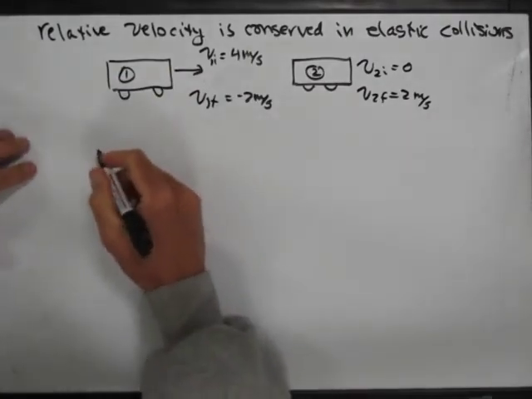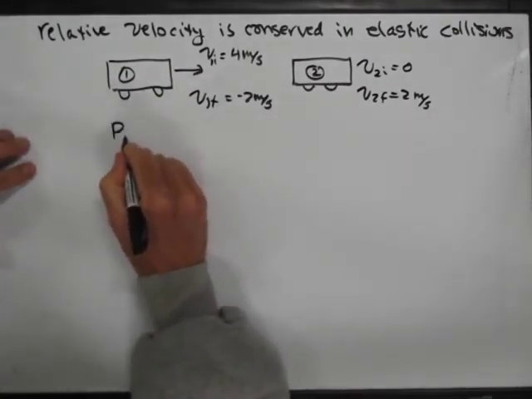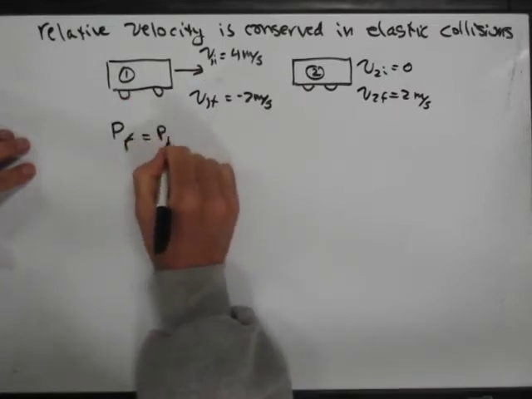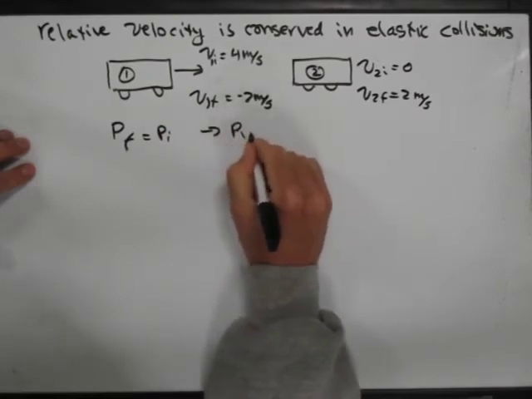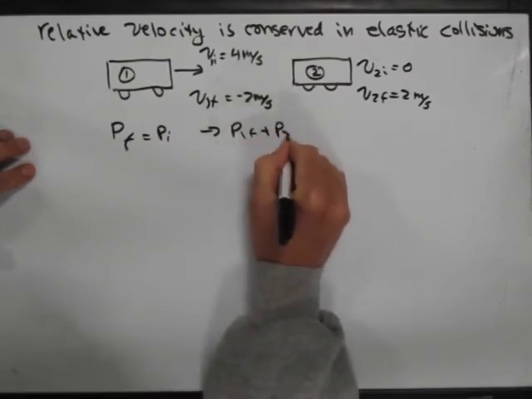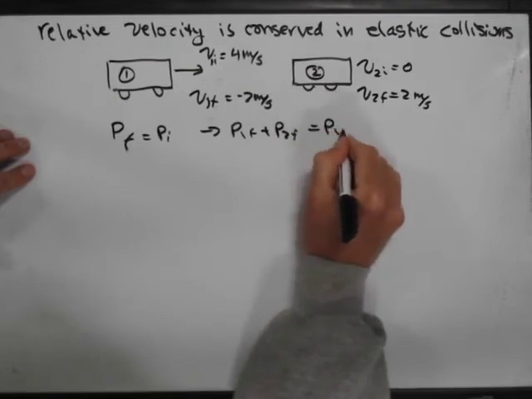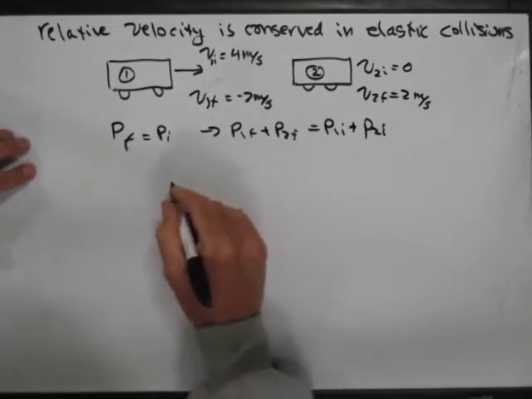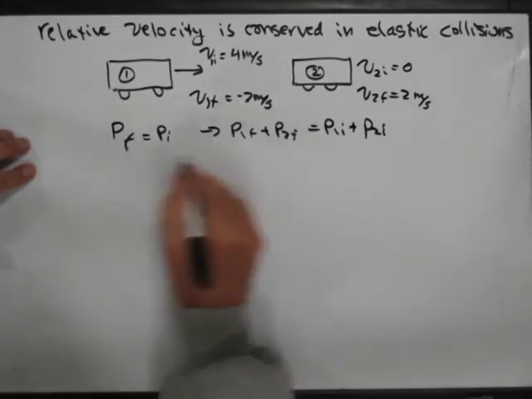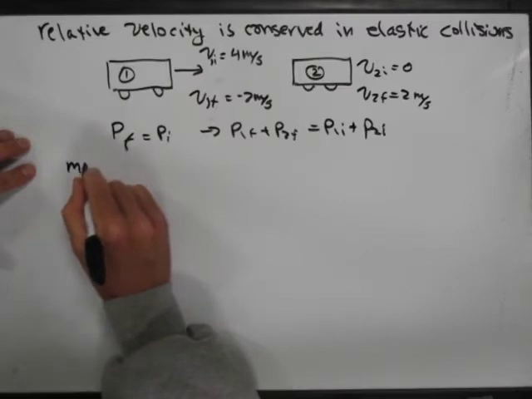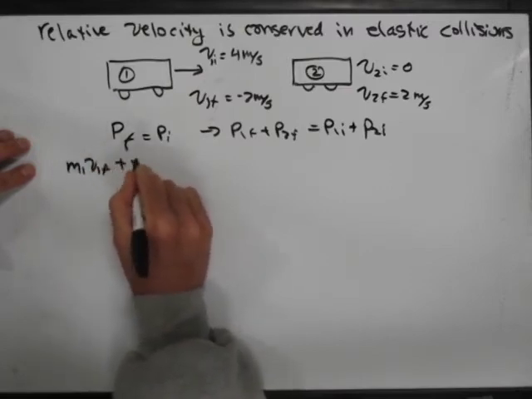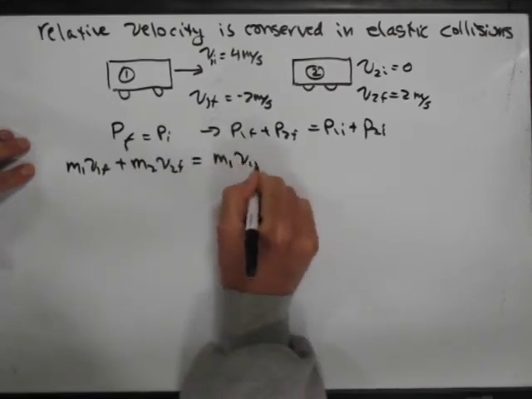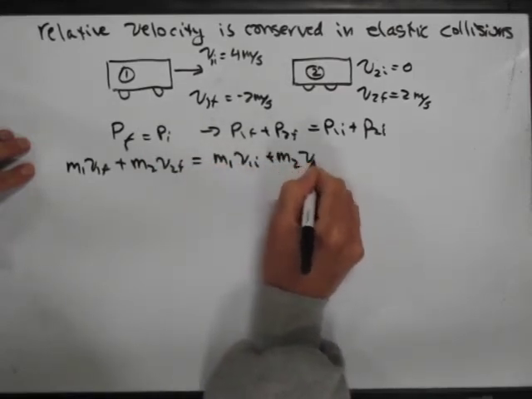And so you can show this if you start out with just the conservation of momentum. P final equals P initial, or P1 final plus P2 final equals P1 initial plus P2 initial. If we write those out in their raw form, I get M1 V1 final plus M2 V2 final equals M1 V1 initial plus M2 V2 initial.